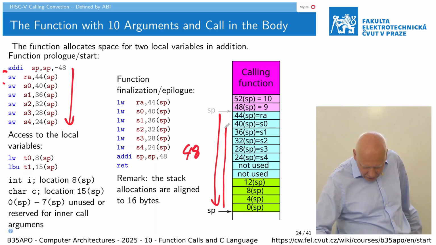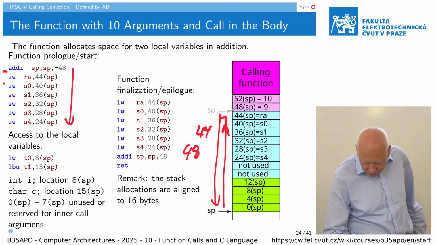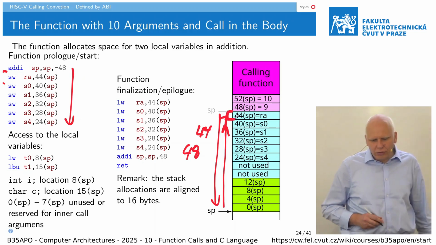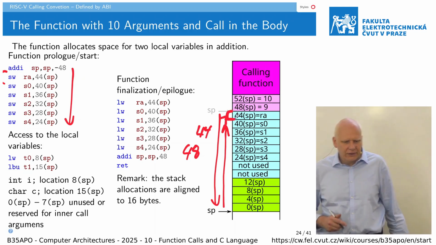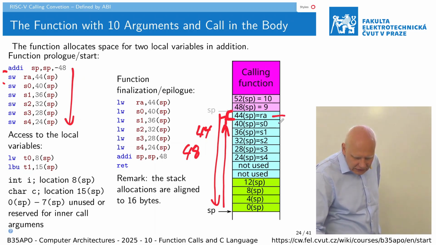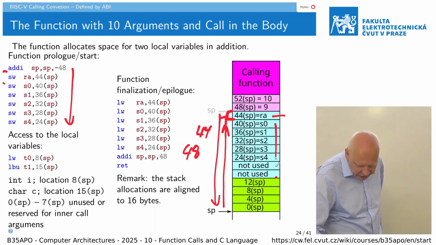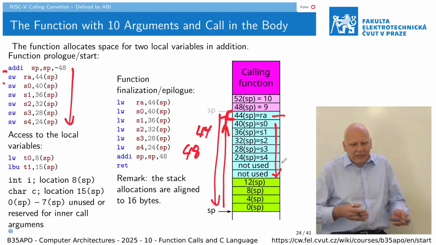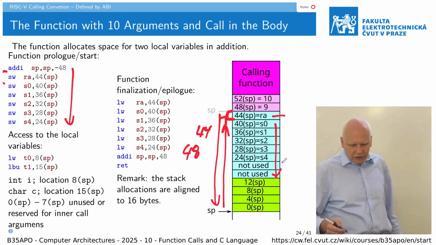If we add back 44, then we are at this location exactly below the previous stack. Then we put a return address there. Then we can use some of the space we have built here to save the registers that we have released for free use inside the function.